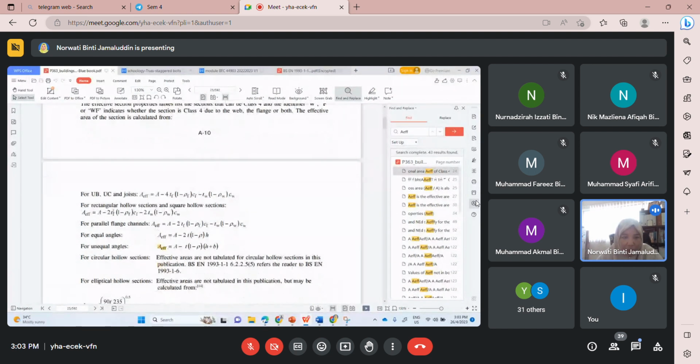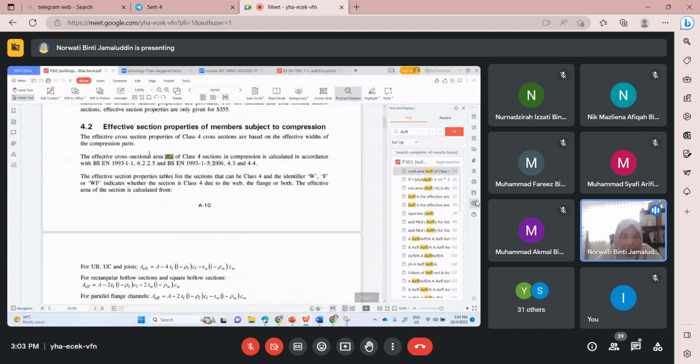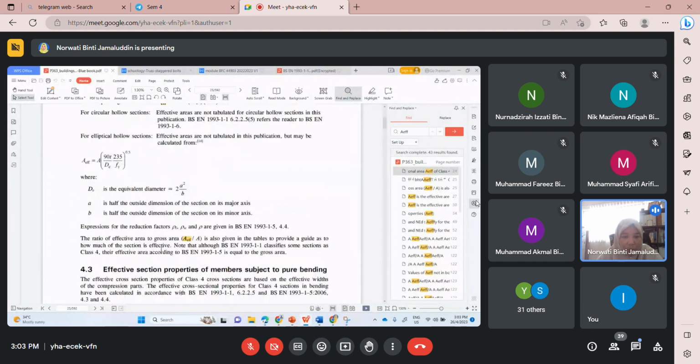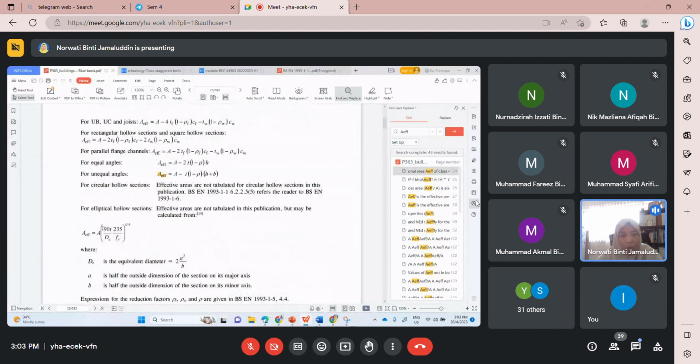See, for A effective, section property subject to compression. You need to read all these things. You're using equal angle, so this is the formula: 1 minus rho H, and then you need to determine the rho.